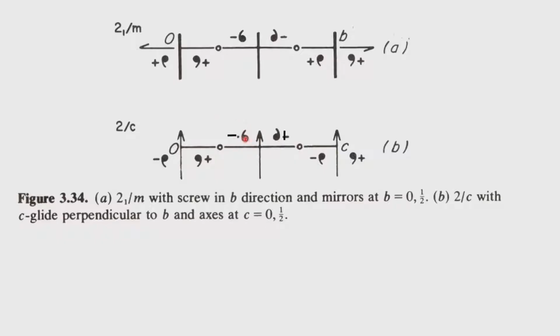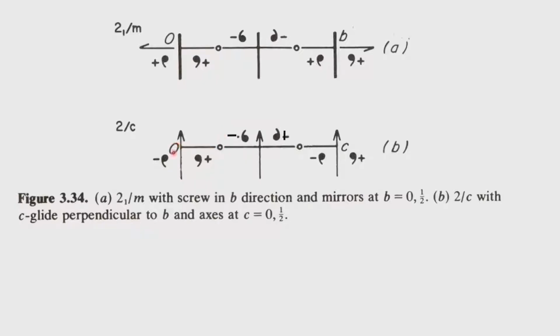You mirror reflect it and translate by half unit, and this point gets generated. You notice that there is a relationship between these points, and that is the presence of the inversion center. So, the presence of the inversion center is automatically invoked, and as we discussed in the previous example, the center of symmetry now should become the origin. So, we shift the origin to 0 0 0, to the center of symmetry.